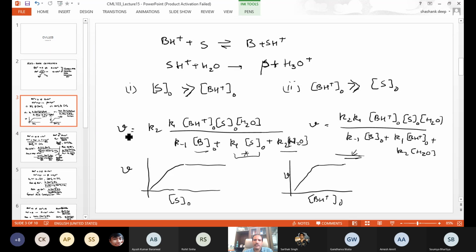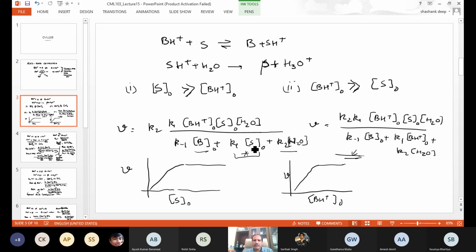Then V will be K2 K1 BH+ naught, the initial concentration, times substrate concentration times H2O, because these are the 3 reactants, divided by K minus 1 B naught plus K1 S naught, since B is formed here.